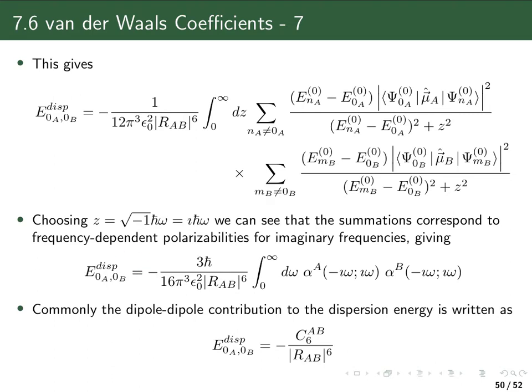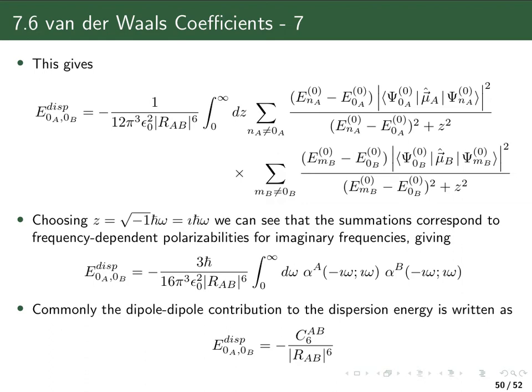So we can write here the dispersion energy as essentially 1 over the distance to the 6th power between the two systems, and then an integral over all imaginary frequencies of the product of the two frequency-dependent polarizabilities.